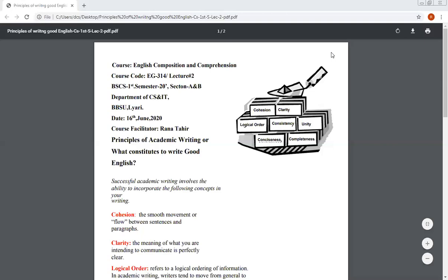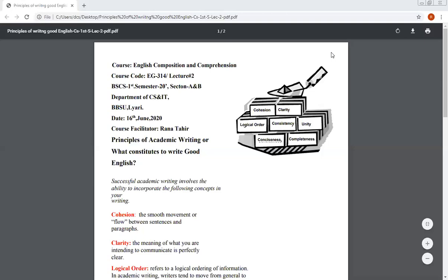It means the students who are well aware of all these concepts may come up with a piece of composition which can be categorized as good English. I hope you have understood all that I have said in this introduction of this lecture.